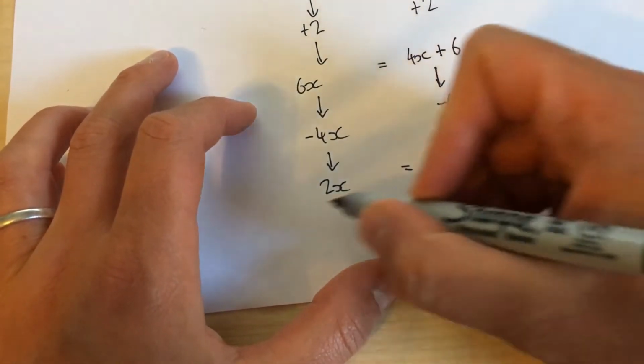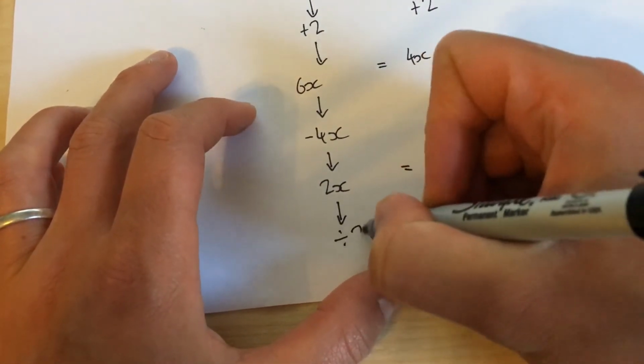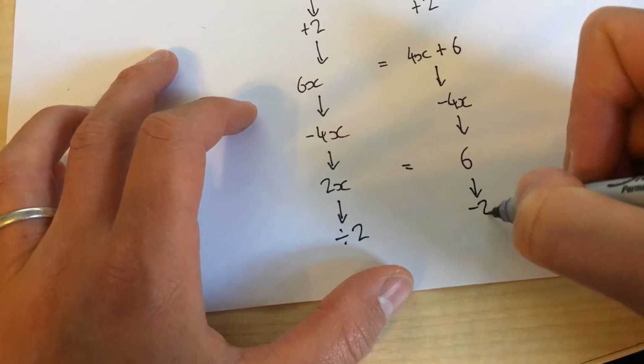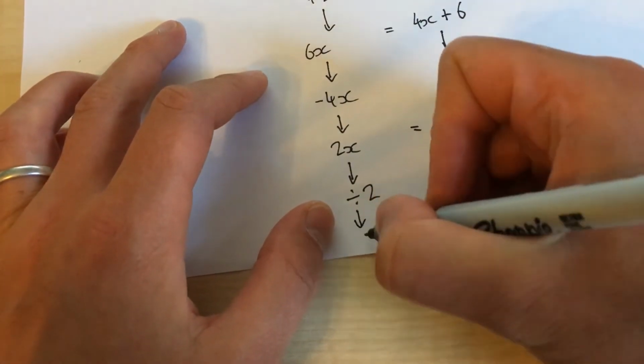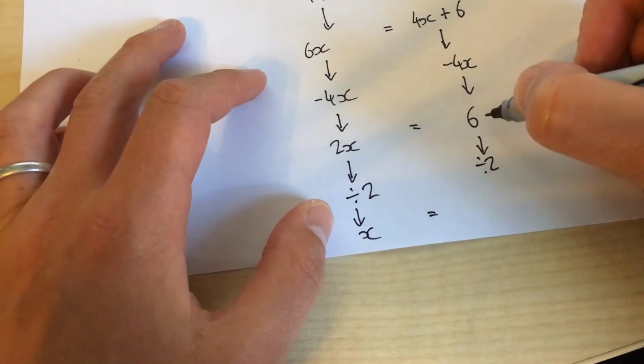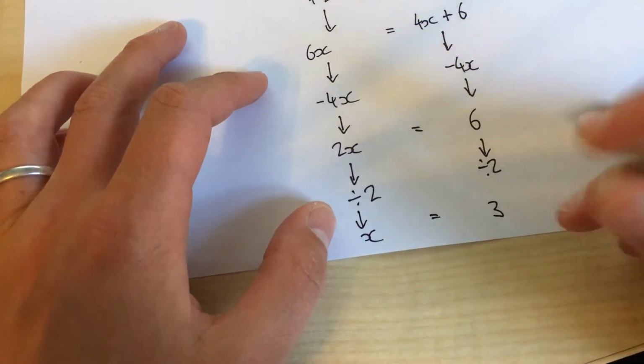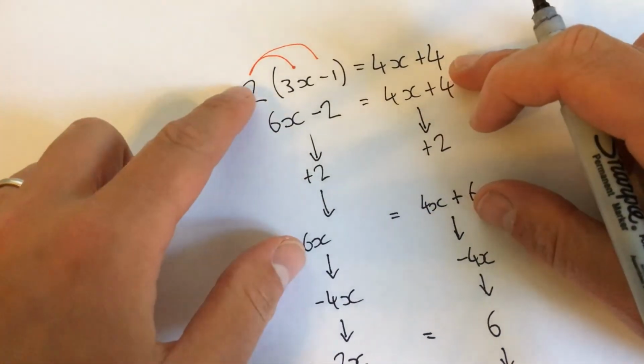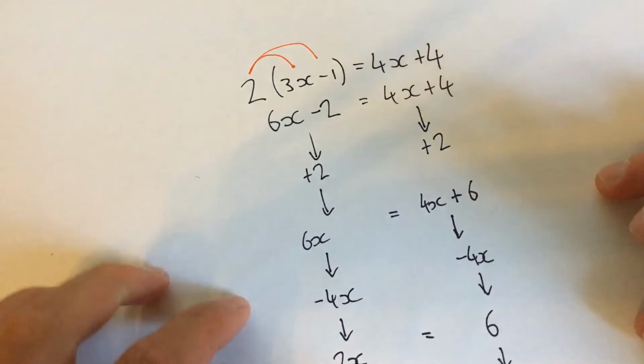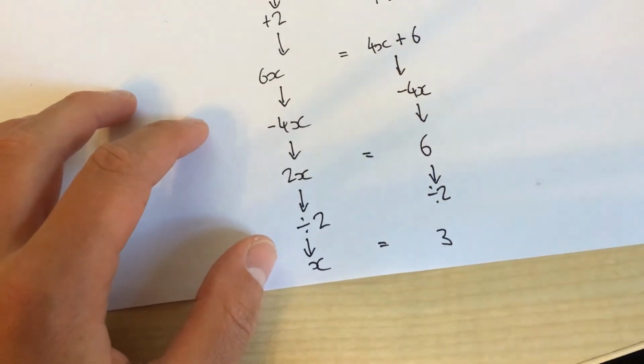And then of course, to find out the value of 1x, I need to divide both sides by 2. So 1x is equal to 6 divided by 2, which is 3. So the solution to this original equation here is x equals 3.